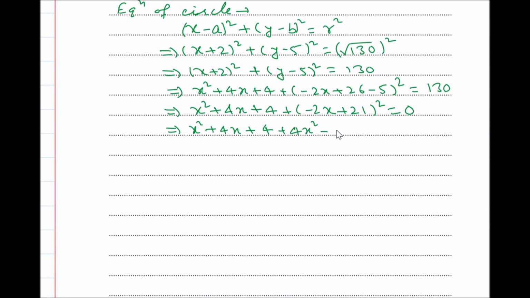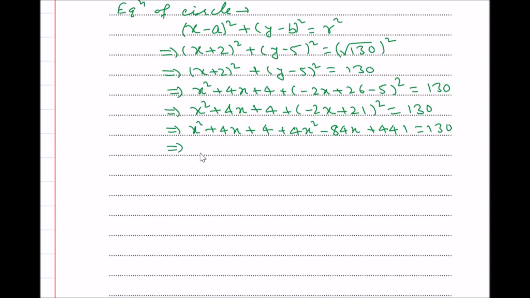Then we get minus 84x and 21 square is 441. So plus 441. Okay, I made one mistake here. It's not 0, it's 130. So that is equal to 130.